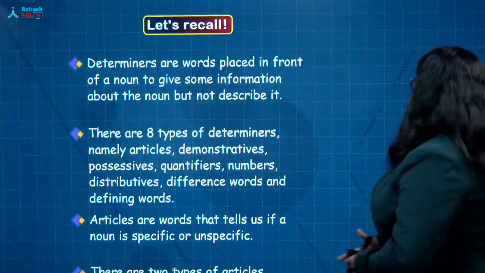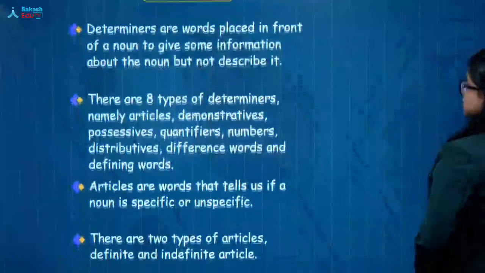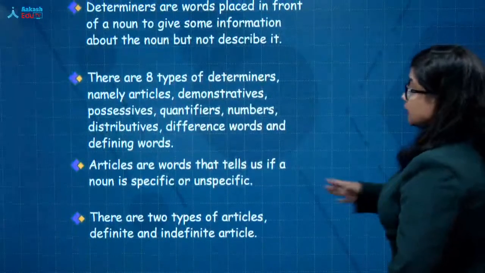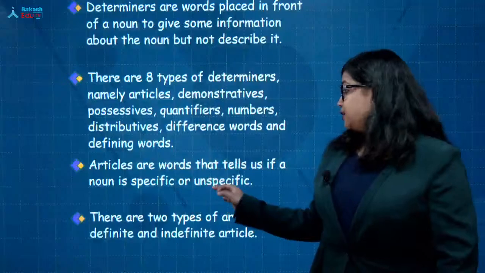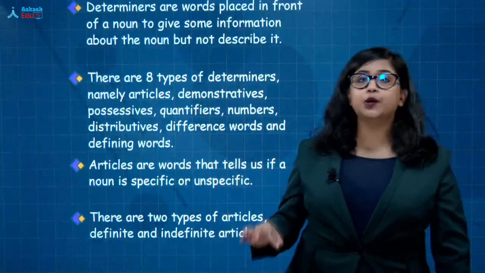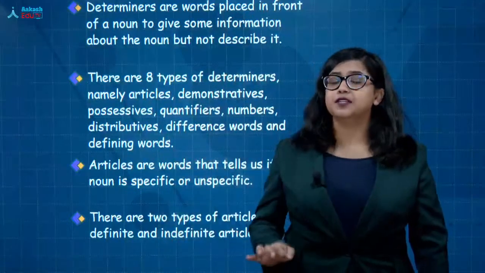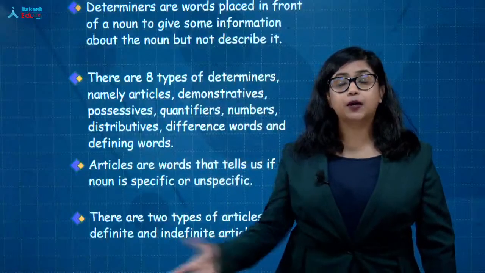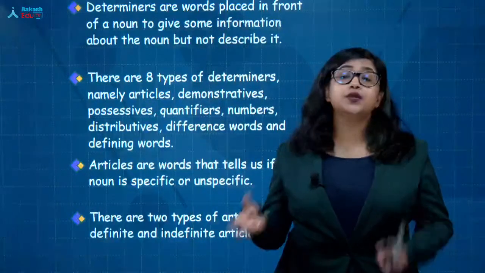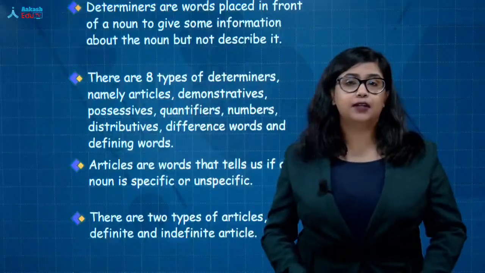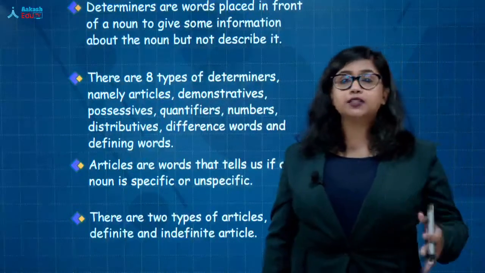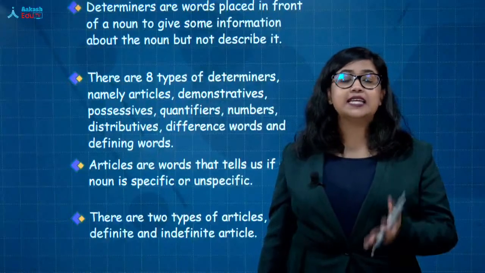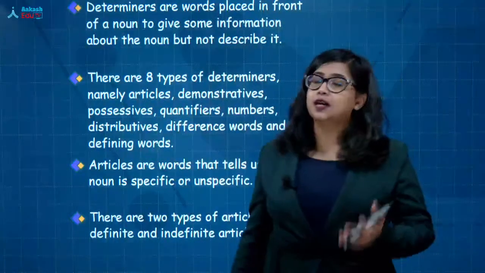Now, in the last class we had started with articles. So what are articles? Articles are words which tell us whether a noun is specific or unspecific, whether we are talking about a particular noun or a general noun. There are 2 types of articles: the definite article and the indefinite article.